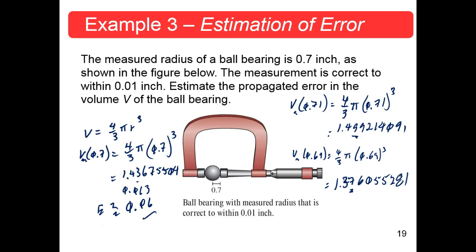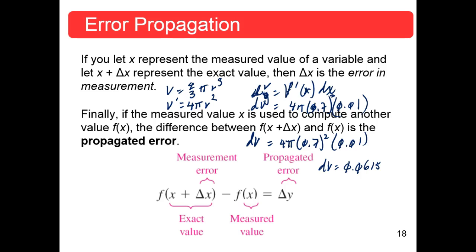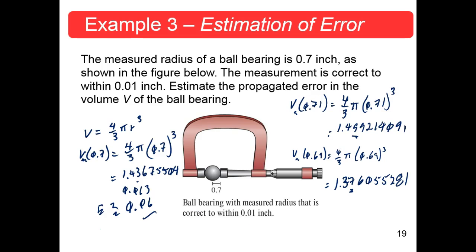So it comes out about 0.06. Your estimated 0.0618 or 15, and your exact was either side of that.